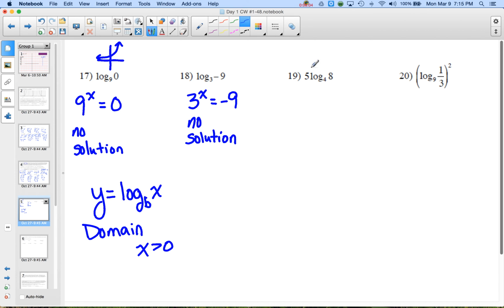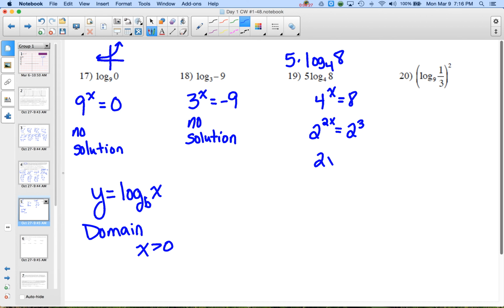Okay, on the next one, think of this as 5 times log base 4 of 8. So we're going to multiply our answer by 5, whatever we get to this. So I'm going to start with 4 raised to what power is 8. Common base is 2, so we get 2 to the 2x equals 2 cubed.